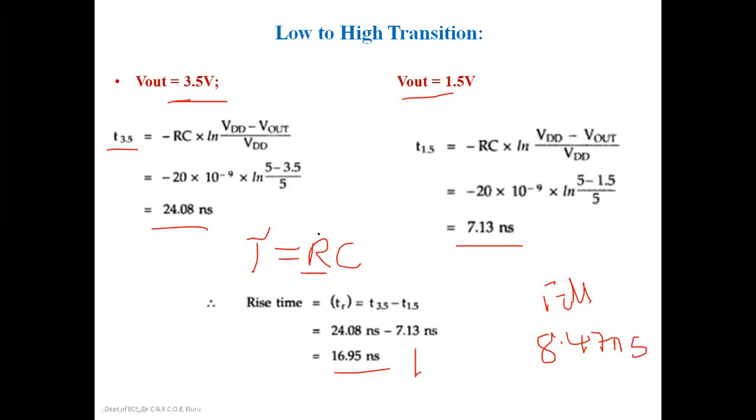The higher the resistance, the more time it takes to charge the capacitance. That's why during the rise time the RP value is modeled, and during the fall time we model with the RN resistance. So that's why the rise time is double the fall time.